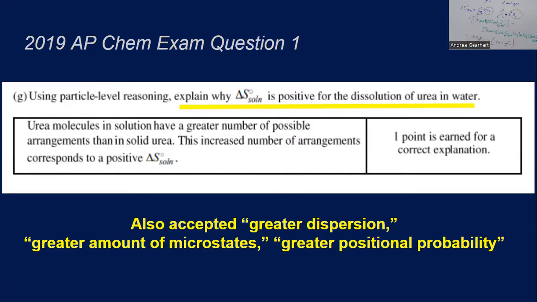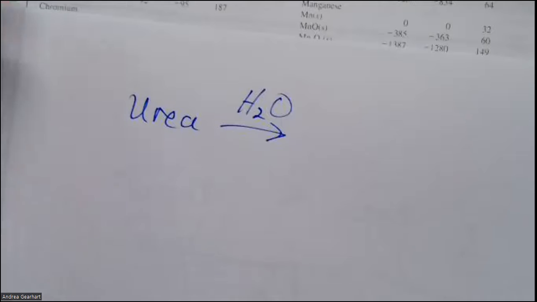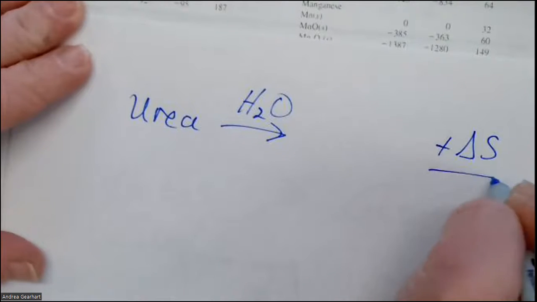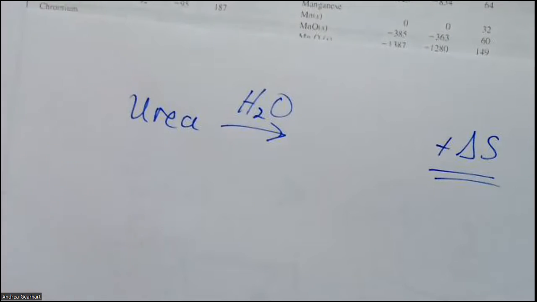Dissolution, remember, is a word we can use for dissolving urea in water. We do not have to know what urea is. We are dissolving urea in water. The question is, why is that process going to be positive?